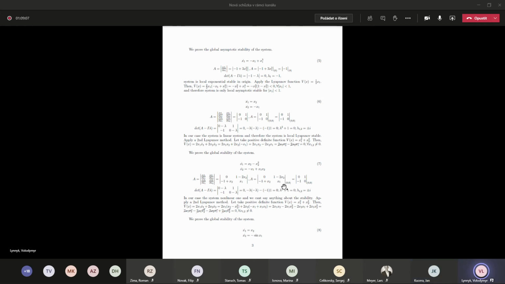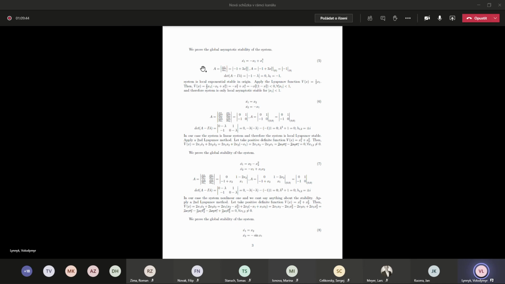But for example, in a test or on an exam, you can always read that you need to prove the stability of the system in the origin, for example. Only in the origin, because some systems have more points, and you don't need to analyze all these points, but only the origin.